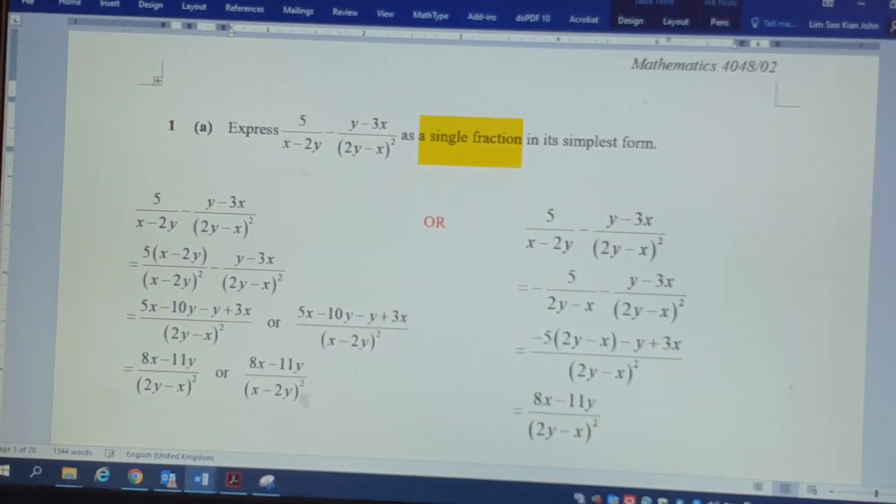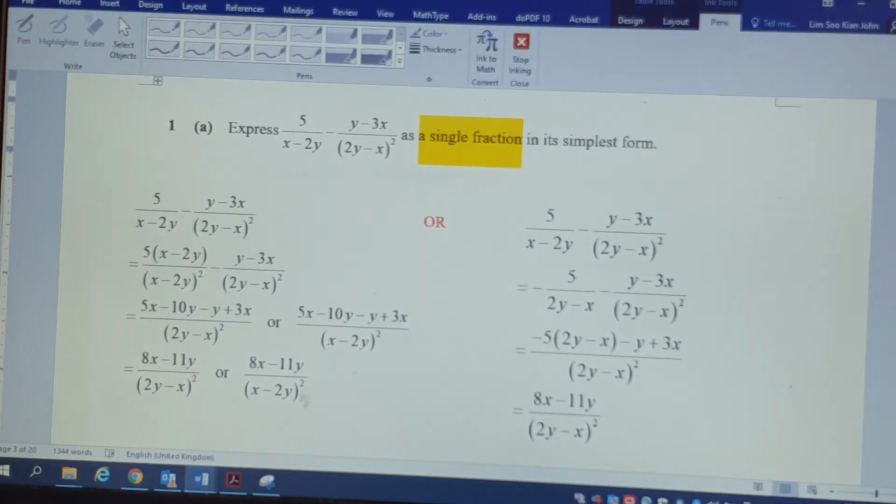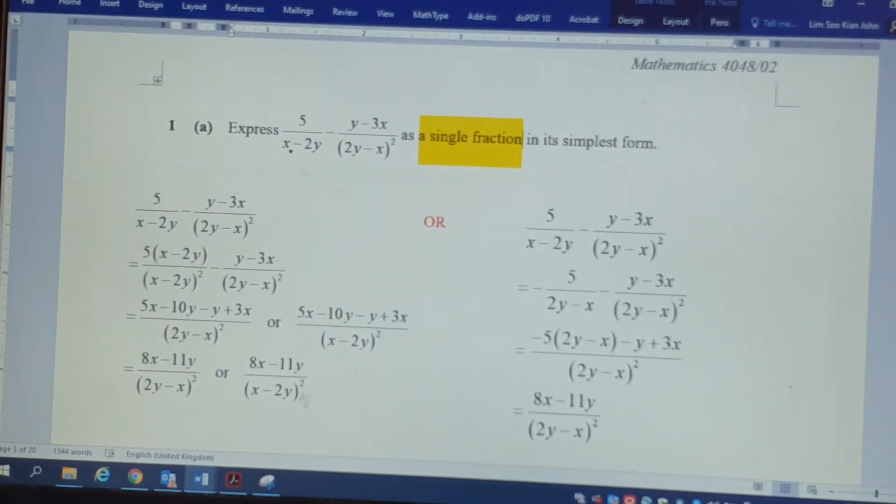You know that you will be given questions which will require you to take one algebraic fraction and another algebraic fraction. They want you to combine these two finally into one single fraction.